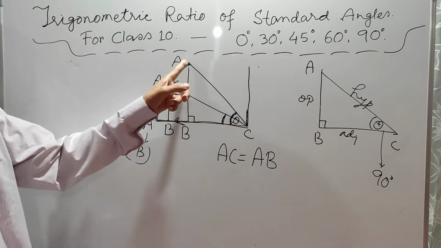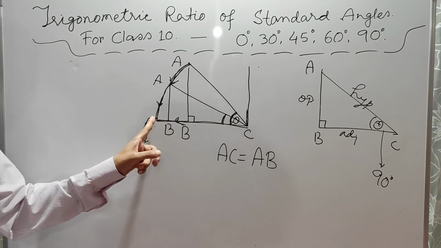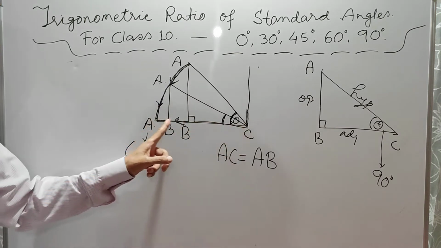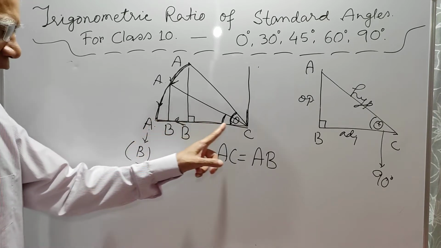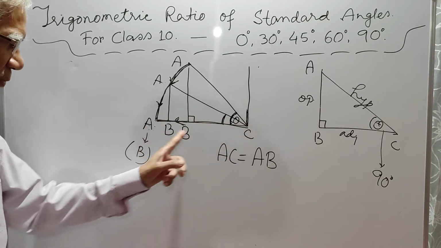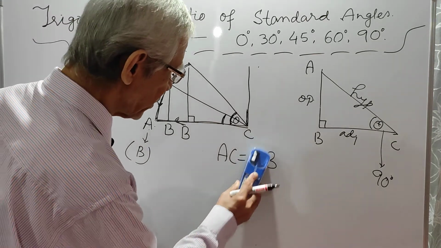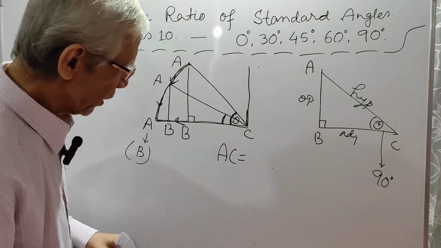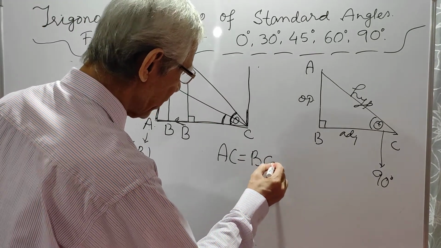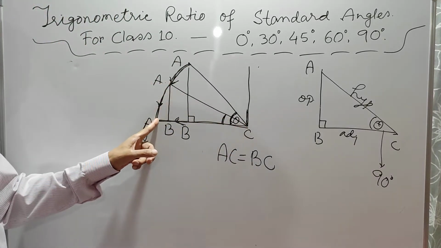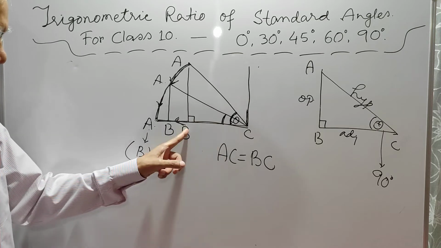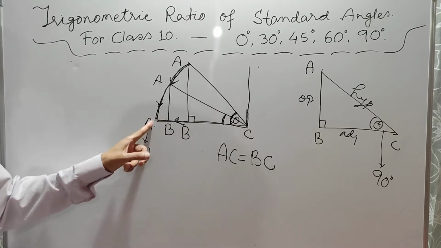So this AC will coincide with this line. This point is B. Therefore, this is AC as well as BC, not AB but BC. So AC and BC will be the same line. A has come here, so this is AC, and B has come here. So A and B are the same point.